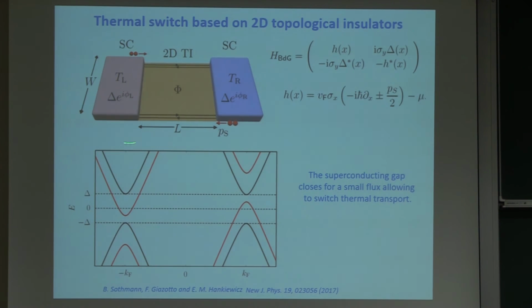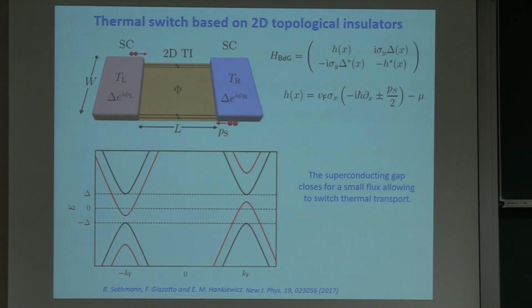If I look at the system generally, with the phase I am closing, for example, a gap for one spin direction or two spin directions. So without the phase, I have in general a gap in my system, so I would not have any kind of thermal response.